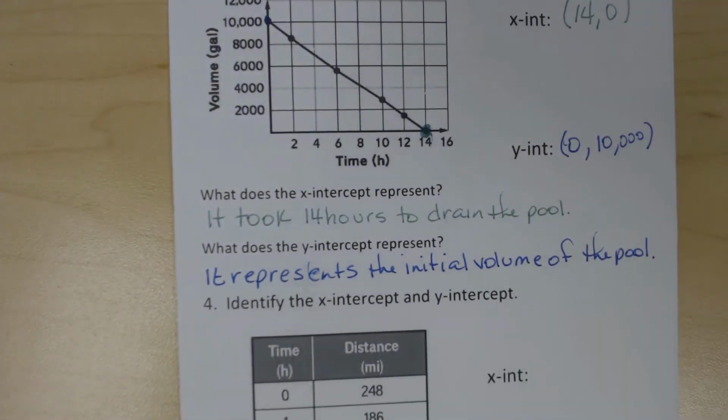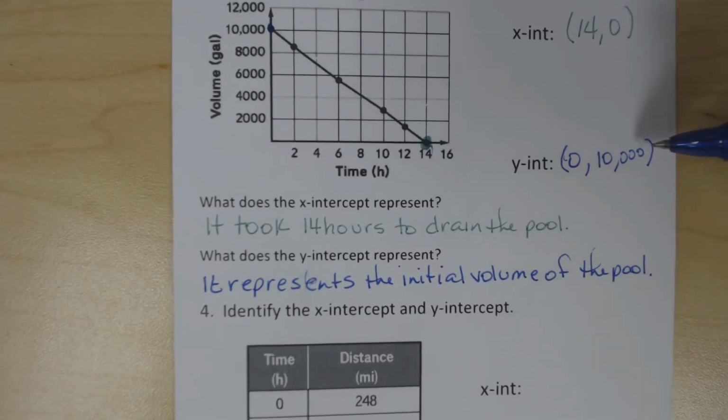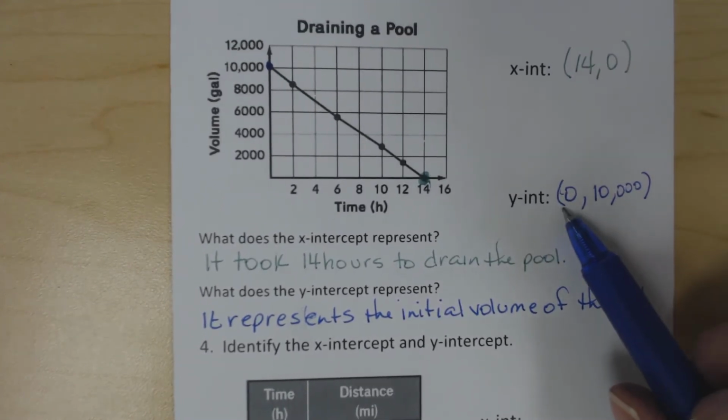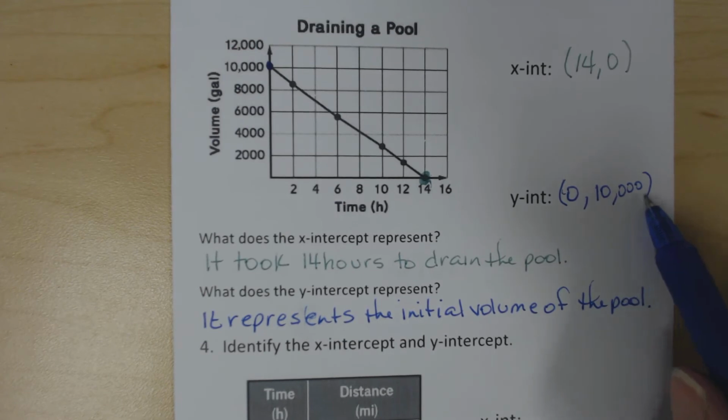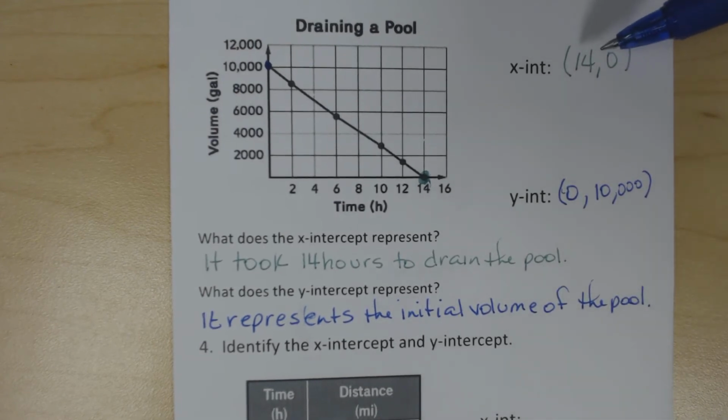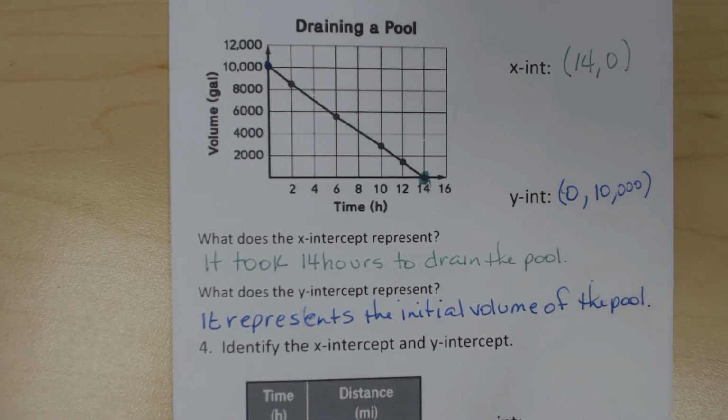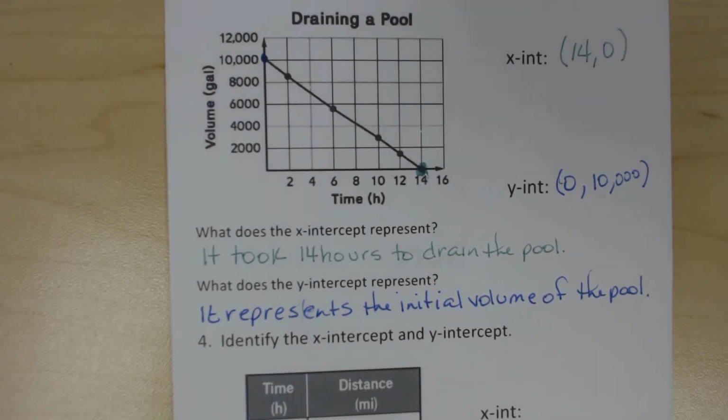The pool started out with 10,000 gallons because before we've done any draining, we measured 10,000 gallons in there. And after 14 hours, we have no more water left in the pool. So that's what the x and y intercepts represent for this particular example.